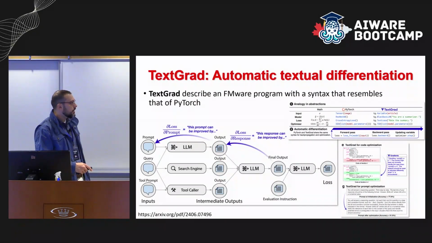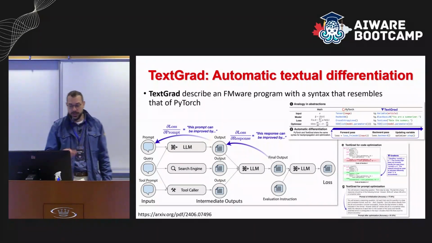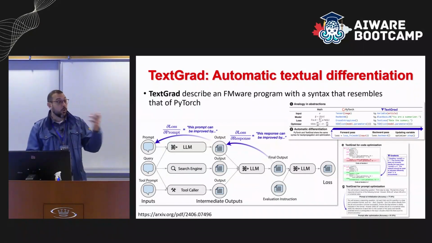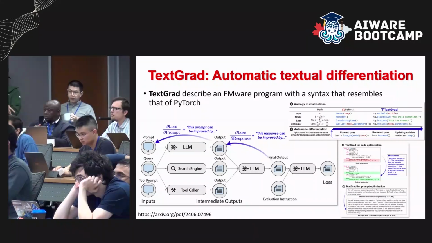I will do the same: this response can be improved by this, which is the gradient. This prompt can be improved by this, and I will do the forward pass again, but first I will ask the LLM to consider this feedback and modify this prompt, and I will try everything again with the modified prompt. I will try this many, many times until I hopefully get a better prompt at the end.